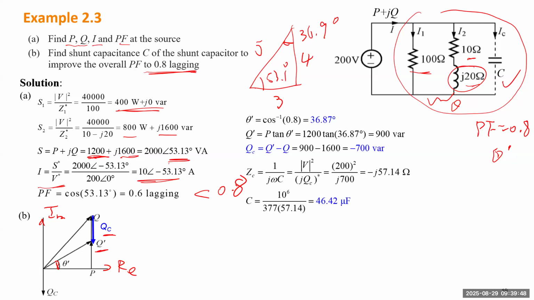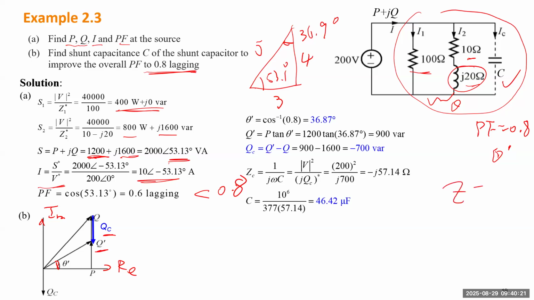So using this Q, we can calculate the impedance of the capacitor. The impedance of the capacitor is defined to be 1 over j omega C. So if we know the capacitance, this will be the impedance. The impedance is equal to the absolute voltage squared divided by the conjugated value of the complex power, right? So this is the formula.